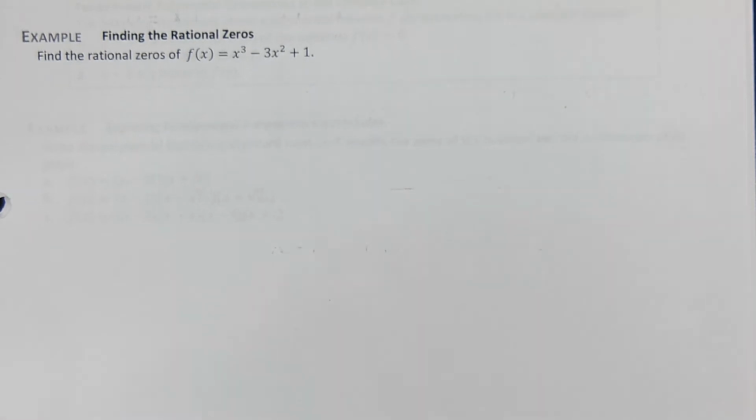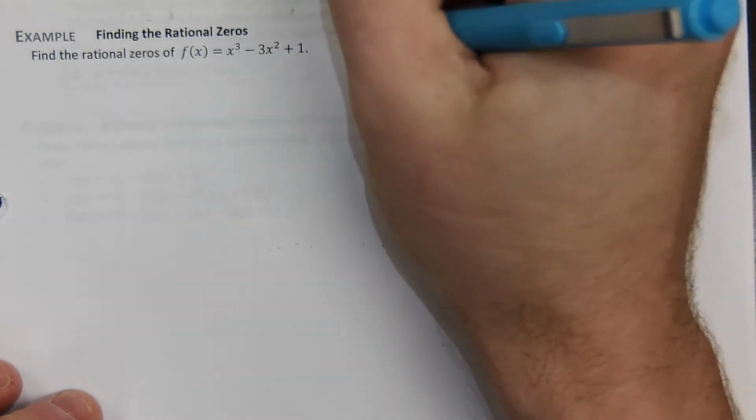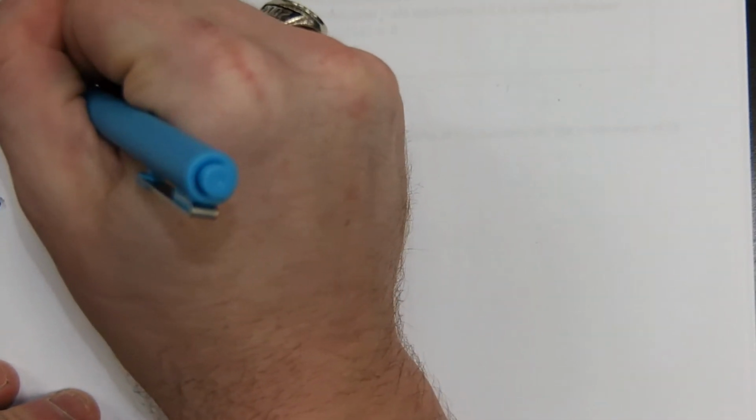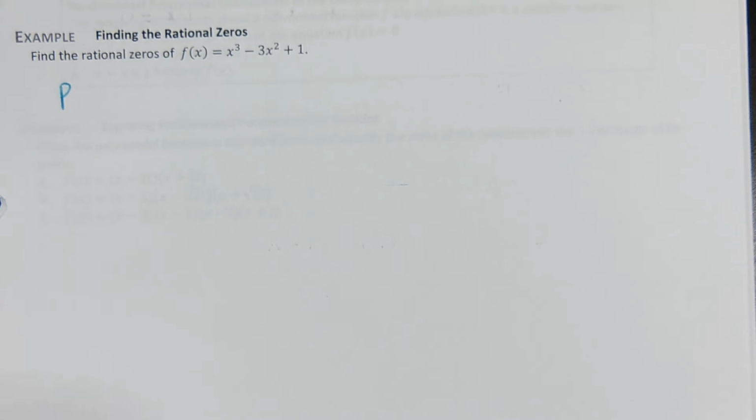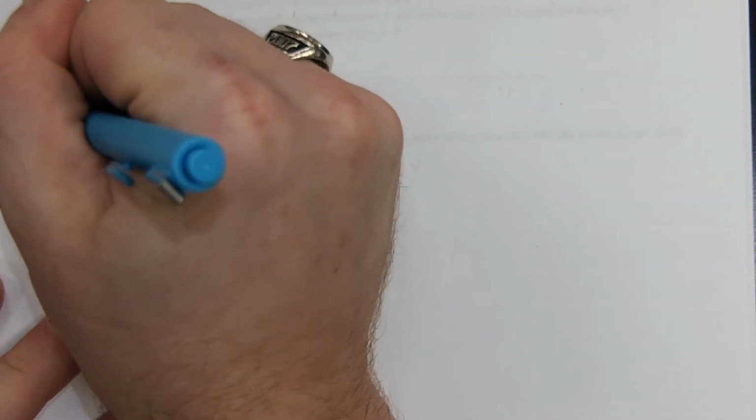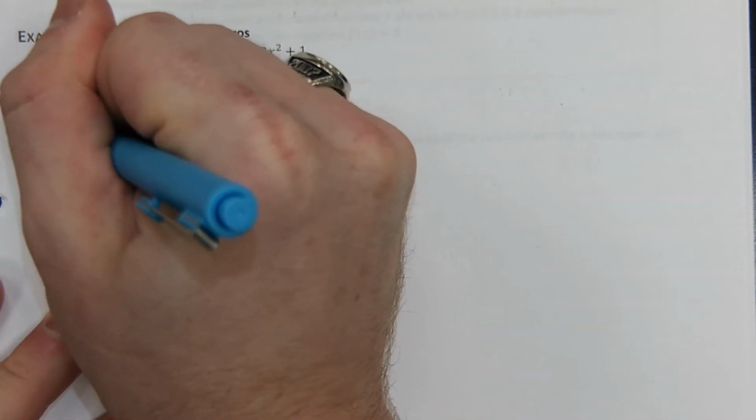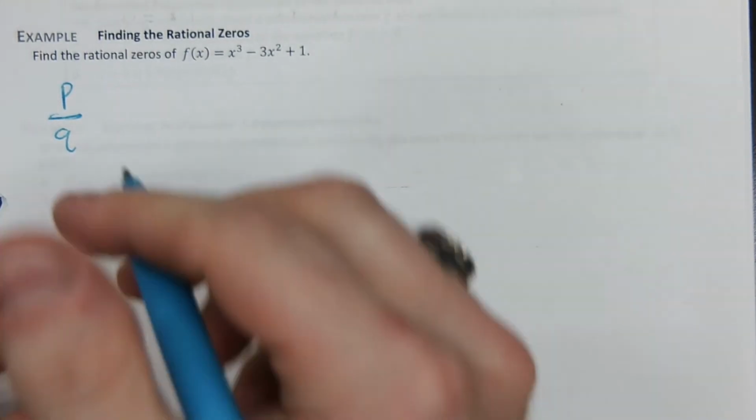So here we have a cubic. And first thing we're going to do is talk about P over Q for this one. And remember, P is the integer factors of the constant at the end, and Q is the integer factors of the leading coefficient.